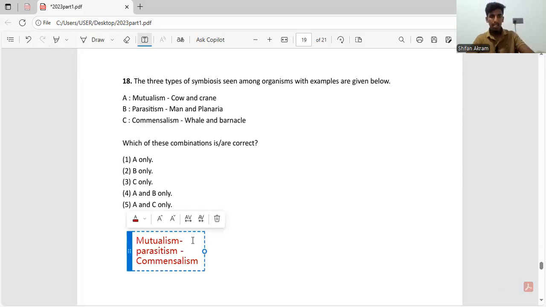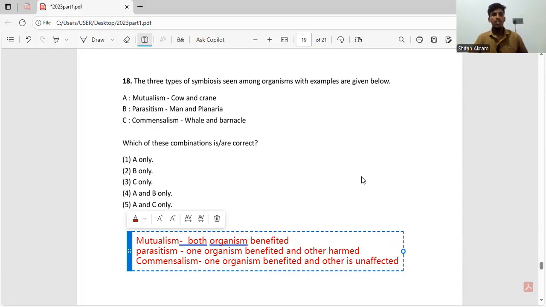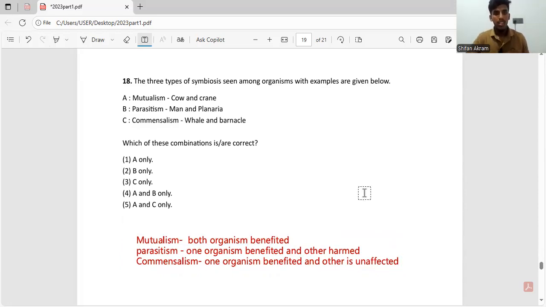So let me write it down. Now here they have given a cow and a crane for a mutualistic relationship. I'll tell you what happens between a cow and a crane, and you decide whether this is a mutualistic relationship or some other kind. Cows and cranes are both found on grasses, right?